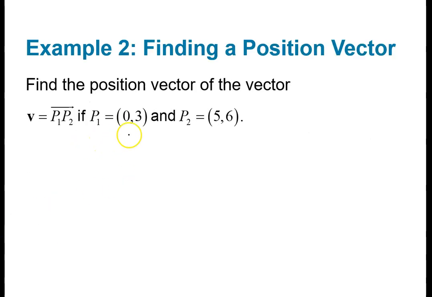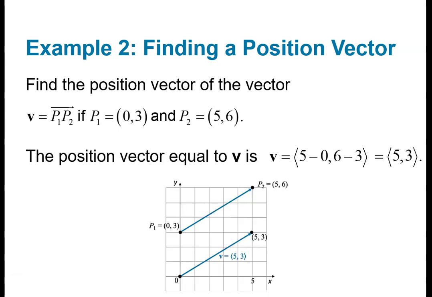All right, let's do one with an example with actual numbers rather than the x1s and the y1s and all that. So when we subtract these, we're going to subtract the x's first. 5 minus 0 is 5, 6 minus 3 is 3, and then put those differences into its own vector. So that's going to be the vector 5, 3.